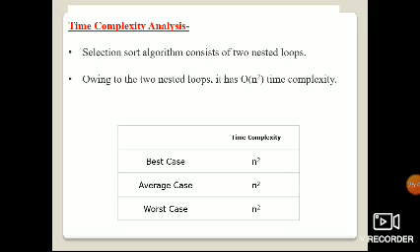The time complexity is nothing but the amount of time taken to complete the execution of the problem. How much time to execute the problem, that is the time complexity. The execution mainly depends on the size of the input.